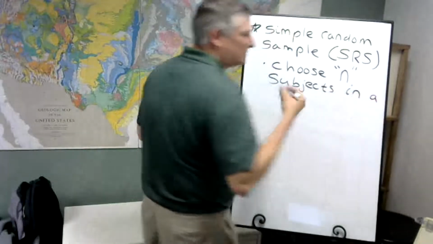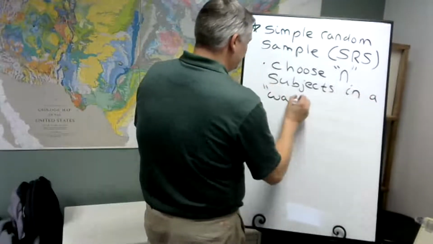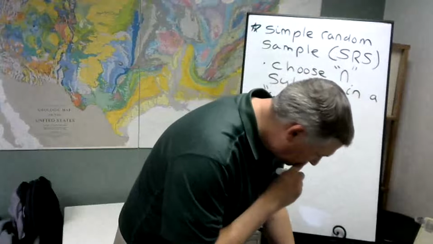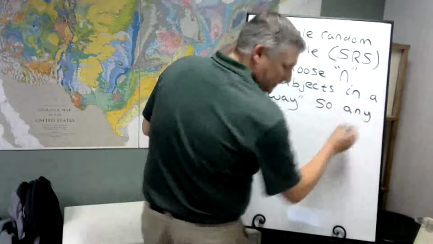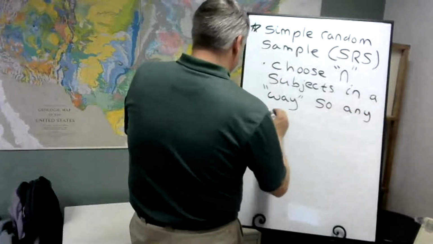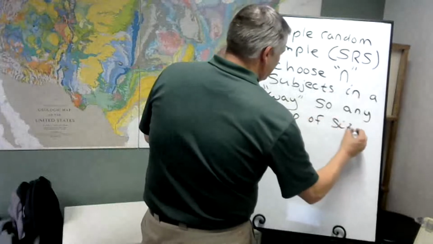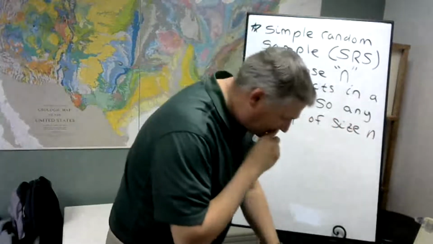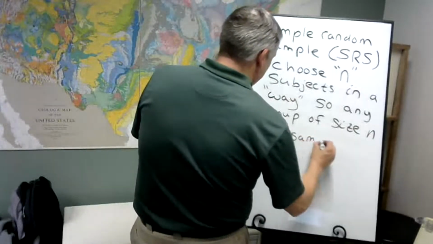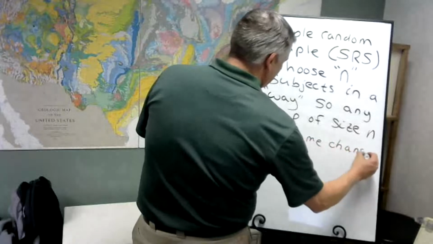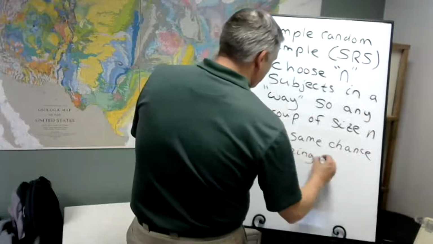In a way, we're going to get into some details of how to do this, but in a way, any group of size n has the same chance of being chosen.